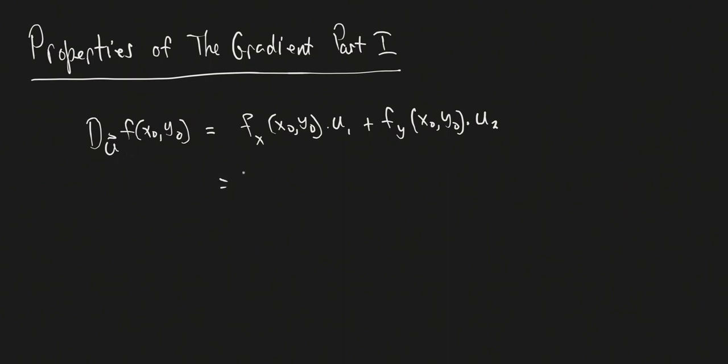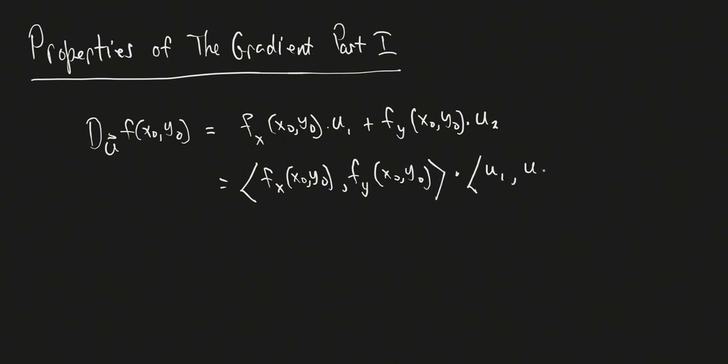But then we saw that if you look closely, this is really just a dot product in disguise. It really is the dot product of these two vectors: f sub x of x0, y0, and f sub y of x0, y0, and the other vector would be your u1, u2. So that's your direction vector that's been normalized.